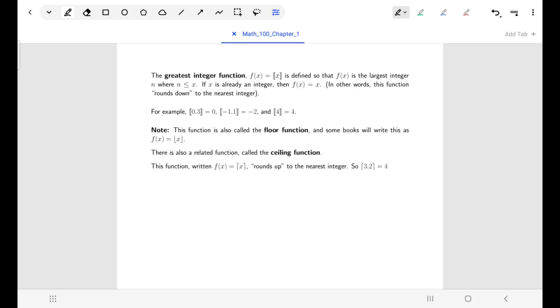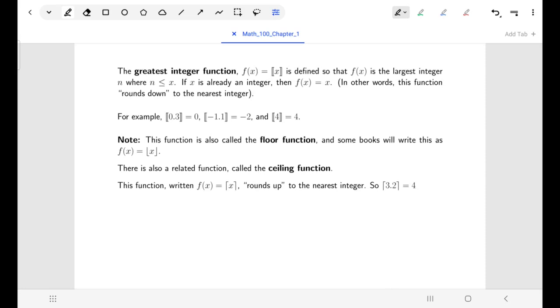That's why it's called the greatest integer function. If you give it a number in, it's going to give you the biggest integer, which is less than or equal to whatever you gave it. So if you gave it an integer already, then it will just give you that integer back. So if you give it a 4, it'll spit out a 4. But if you give it a number that's not an integer, it's going to round it down to the nearest integer.